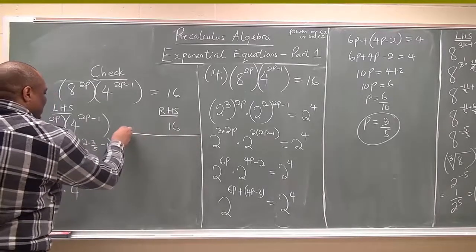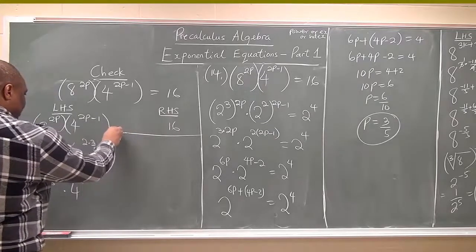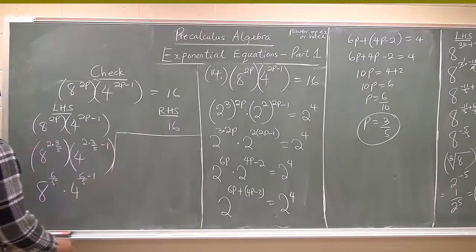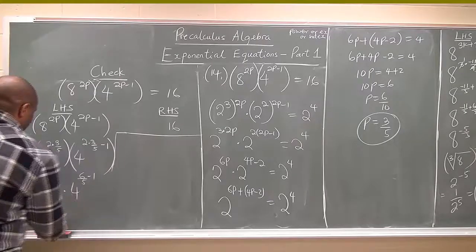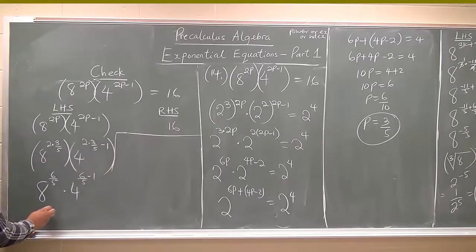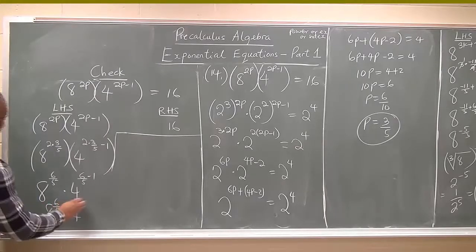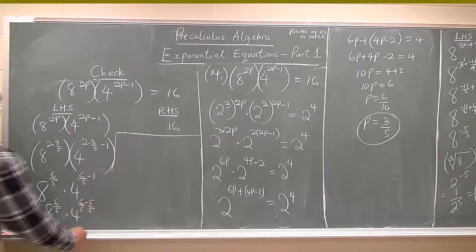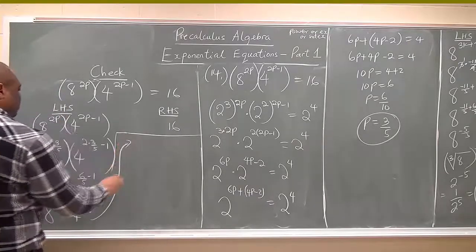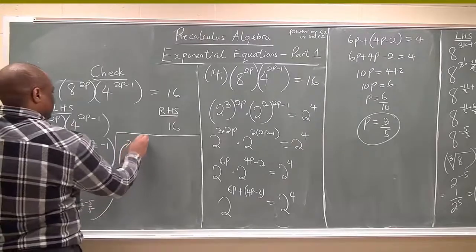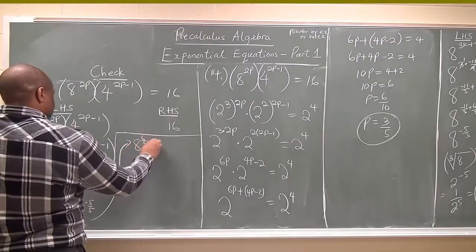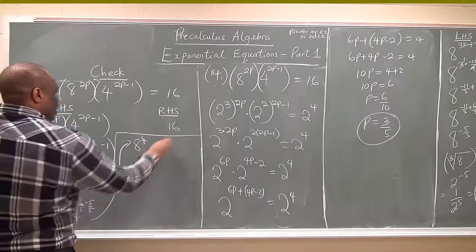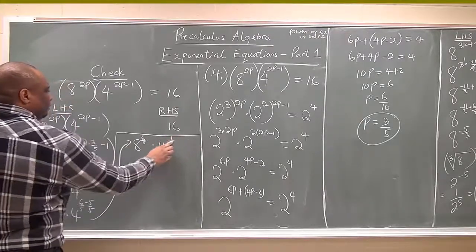I know that my right hand side is 16, so let me get my left hand side. So this will be 8 exponent 6 over 5 times 4 exponent 6 over 5 minus 5 over 5. Right? And continue here, this will be 8 exponent 6 over 5 times 4 exponent 1 over 5.